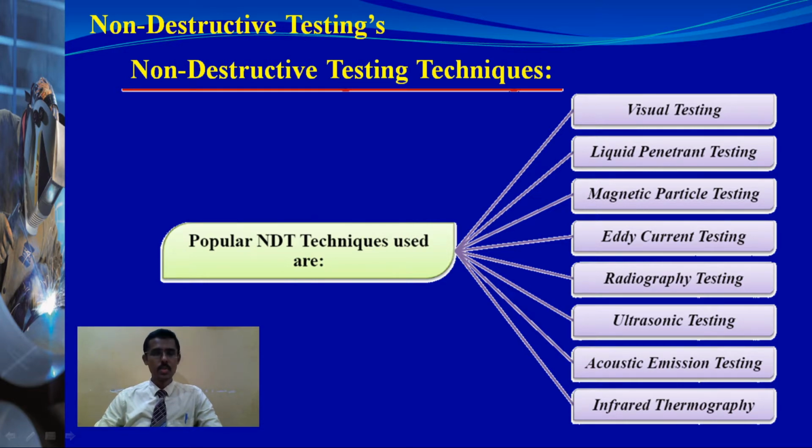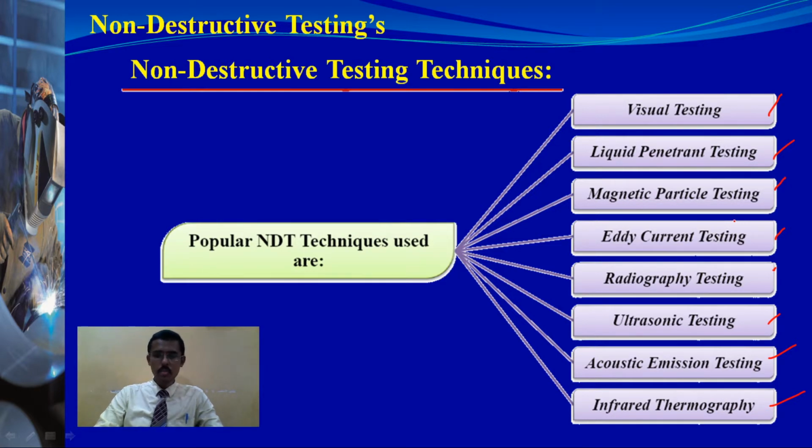The topmost 7 to 8 types are visual inspection, liquid penetrant inspection, magnetic particle, eddy current, radiography, ultrasonic, acoustic emission, and thermography. These are the important methods which are largely used to do inspection, to repair, and then to rectify. So these are the important principles.